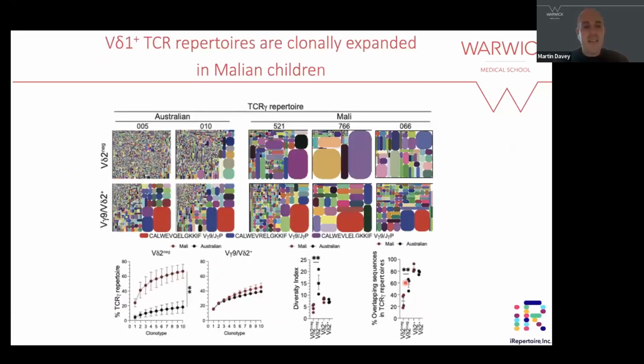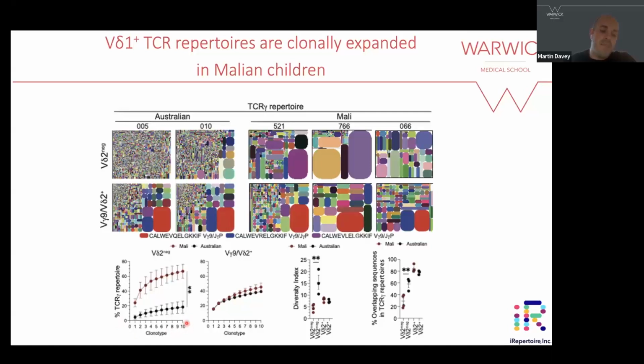And so one of the key and critical things that we tried to do here was look at their T cell receptor repertoires. Looking at the Australians, particularly the V delta 2 negatives, we found that the Australian children were highly diverse and similar to what we'd seen in the past. And you can see here the occupation of the total gamma delta repertoire by the first 10 clonotypes.